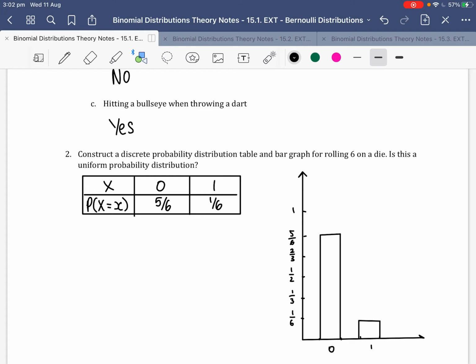So then we want to state, is this a uniform probability distribution? This is not a uniform probability distribution, as the probabilities of success and failure are not the same.